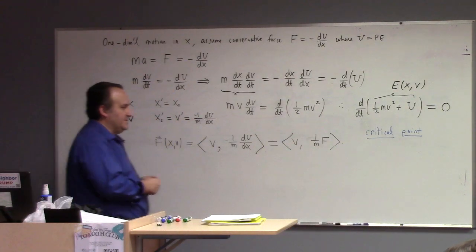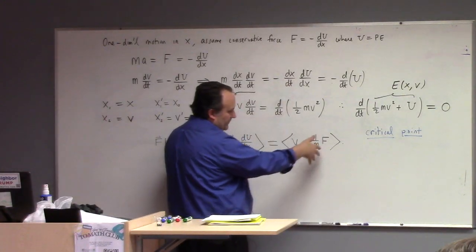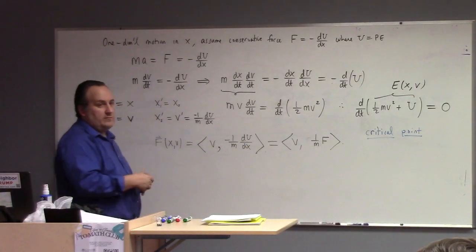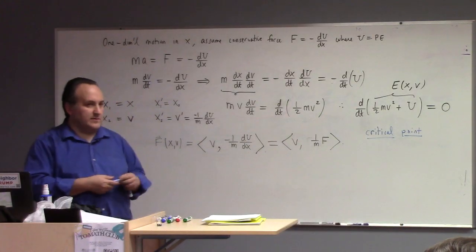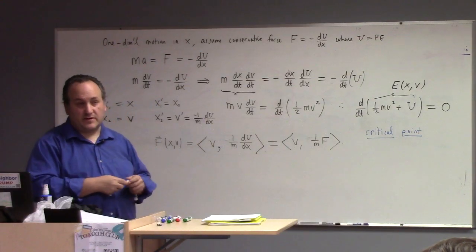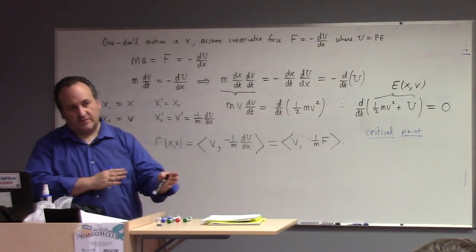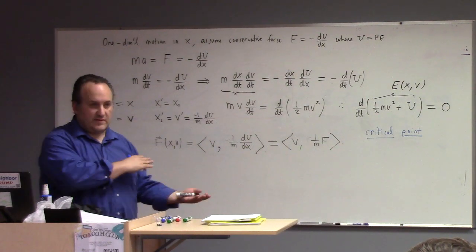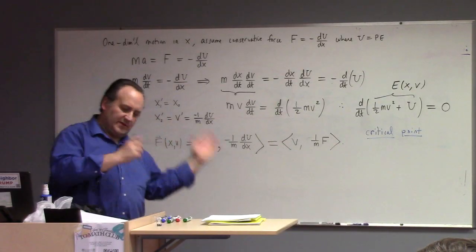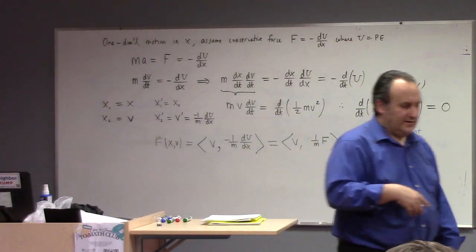And so for this vector field to have a critical point, v is equal to 0 and the force is 0, or in other words, du/dx is 0. Well, du/dx being 0 is a critical point of the potential energy in the sense of calculus 1. So there's going to be a connection between the critical points of the potential energy and the critical points of this vector field. But anyway, I'm going to start this discussion over next class, and we'll spend like a full half hour on energy levels and such.